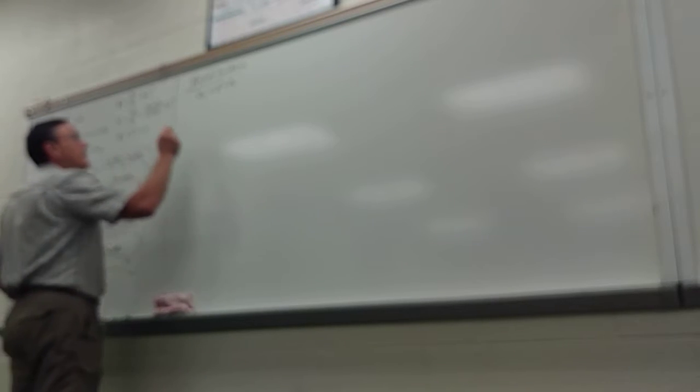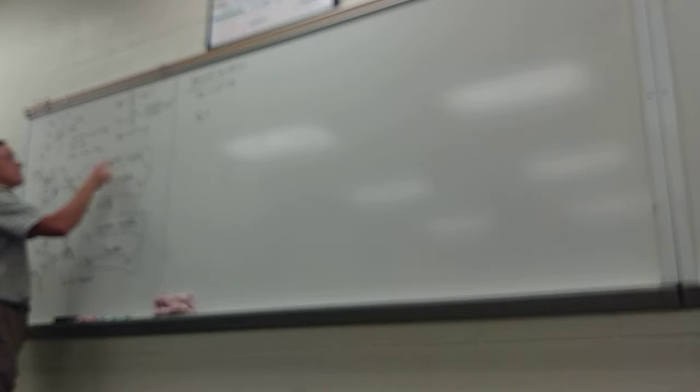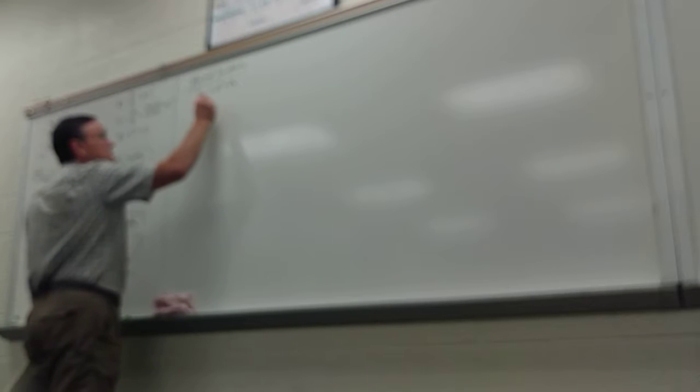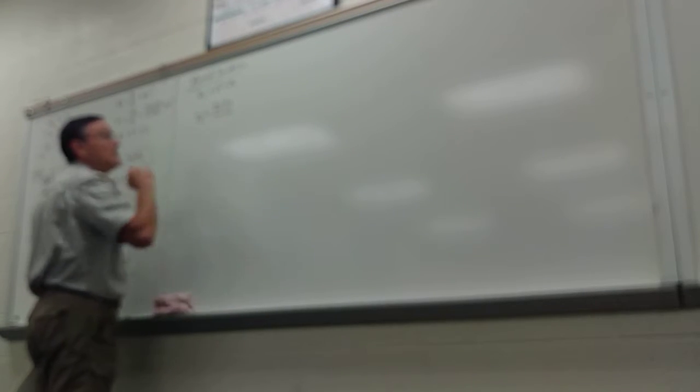So let's say that we're looking at RS, then cosine of 0 is 1, cosine of 0 is 1, so this just becomes n1 minus n2 over n1 plus n2.